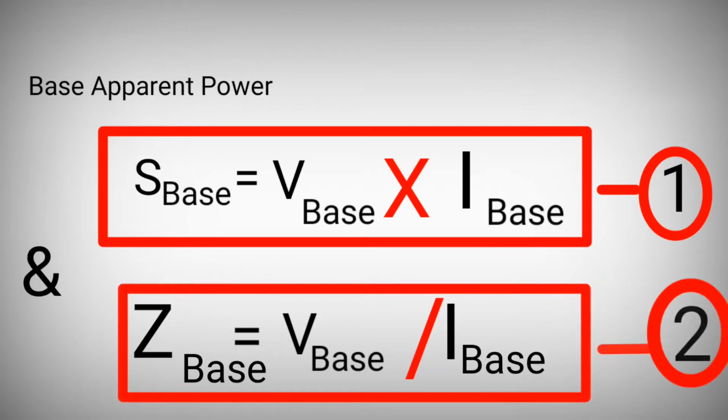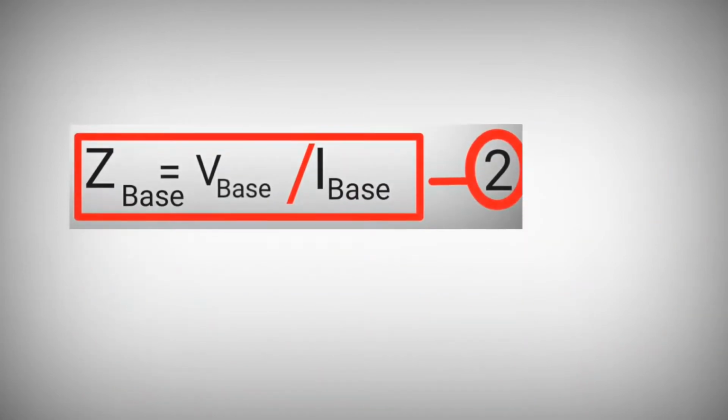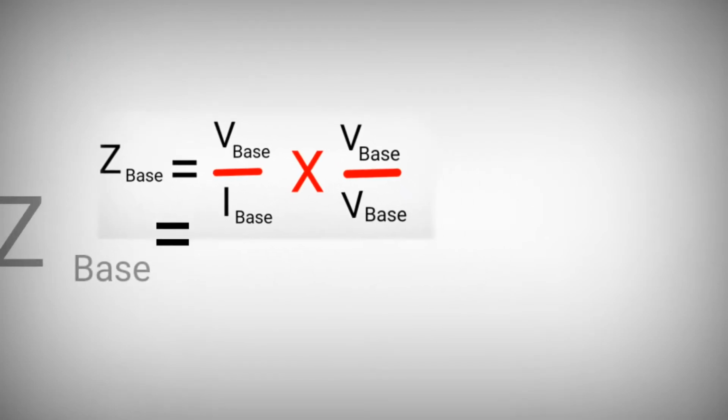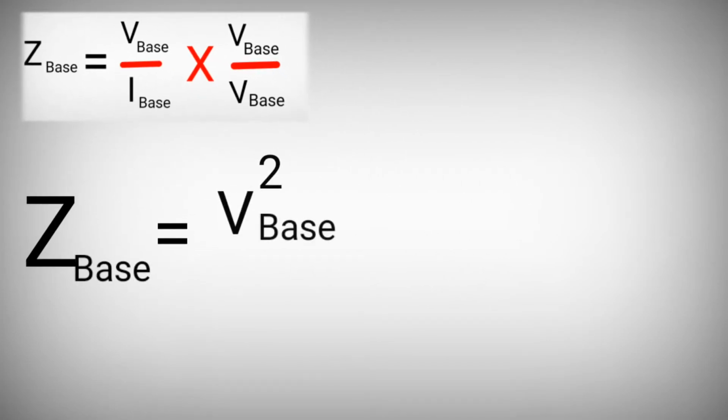Number it as 2. Equation 2 can be written as Z base is equal to V base by I base into V base by V base. While we are adding this term, the main term is not changed. So, from this, Z base is equal to V square base by I base into V base.